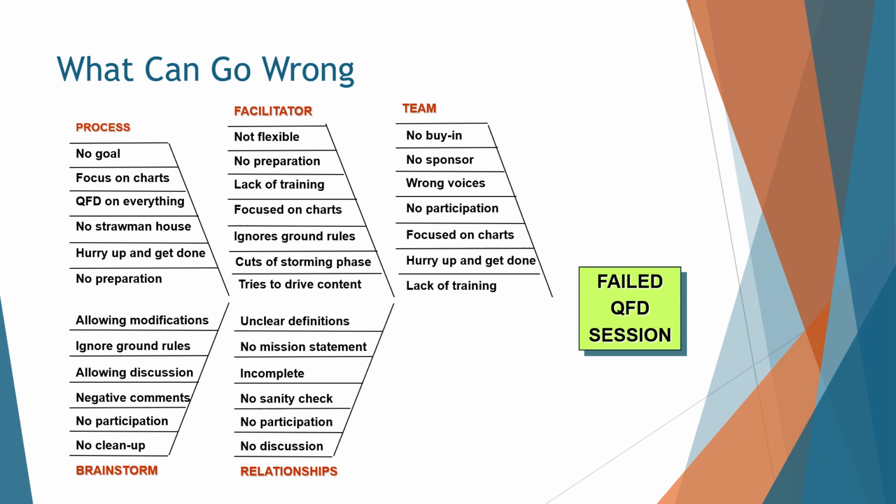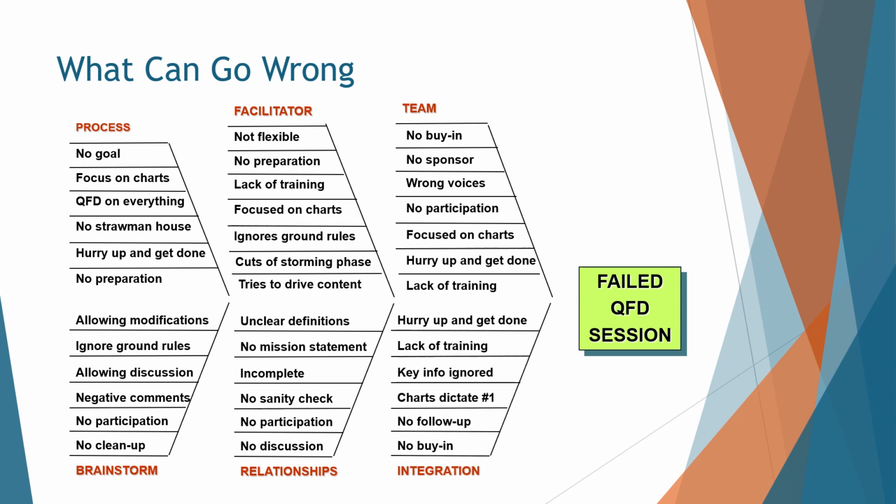Relationships: unclear definitions, no mission statement, incomplete, no sanity check, no participation, no discussion. Integration: hurry up and get done, lack of training, key info ignored, chart dictates number 1, no follow-up, no buy-in. These are all the things that can go wrong that will lead to a failed QFD session.